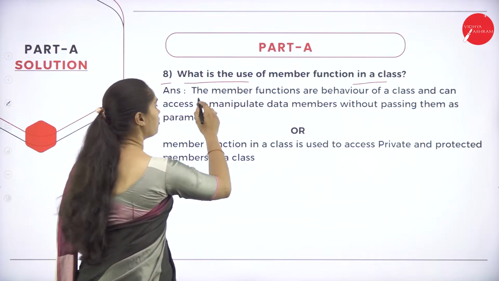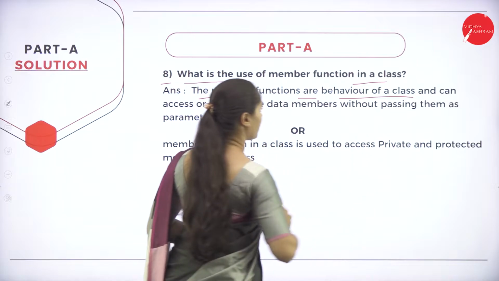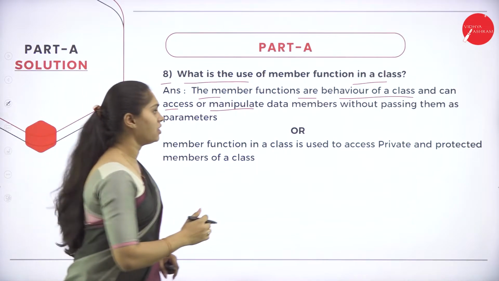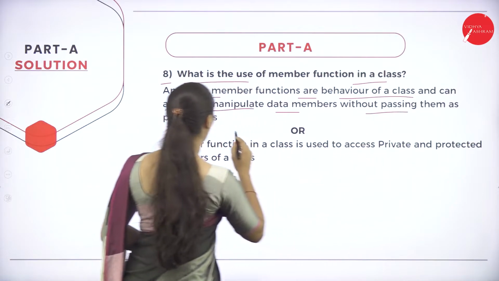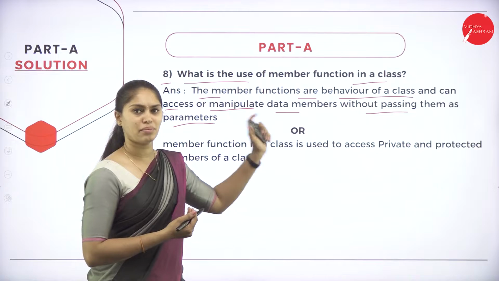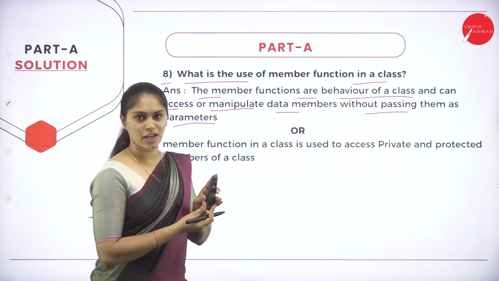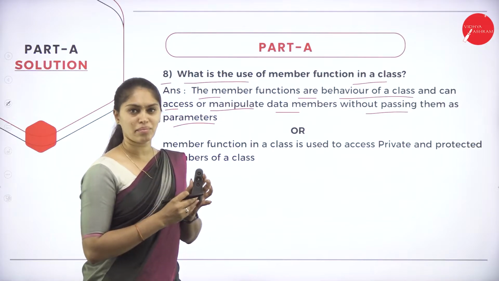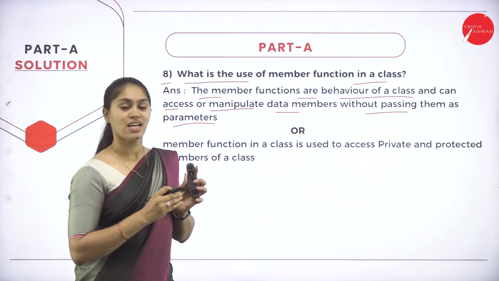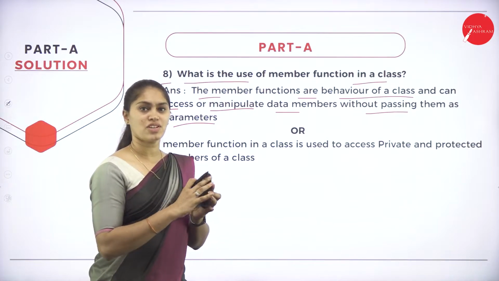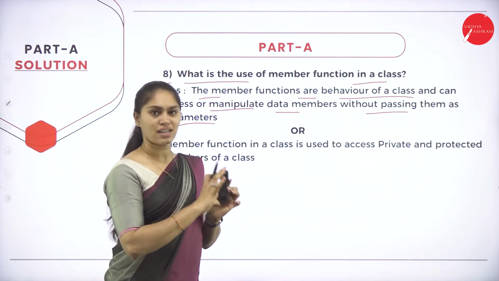So the member functions are the behavior of a class and they can access or manipulate the data members without passing any arguments or parameters. So I can access the data members of this particular object. It has data members and member functions. If I am a member function of this particular class, then I should not take any permission to work with the data members which belong to the same class itself.